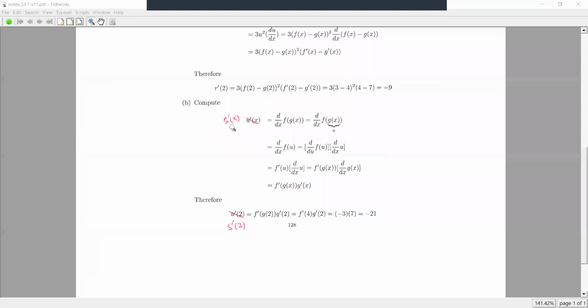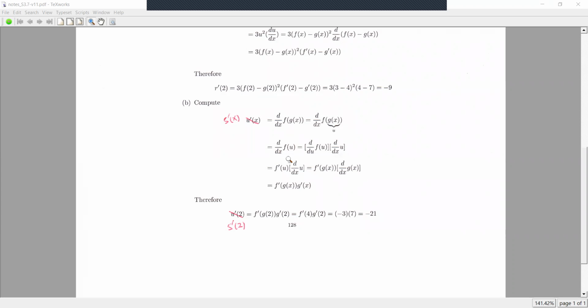I compute the derivative by the chain rule. I let u denote g of x. Then f of g of x becomes f of u. In this derivative, u and x are different, so I cannot compute this derivative.